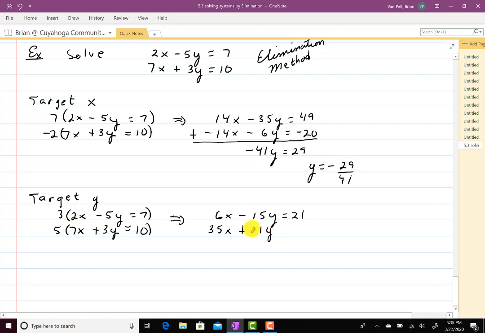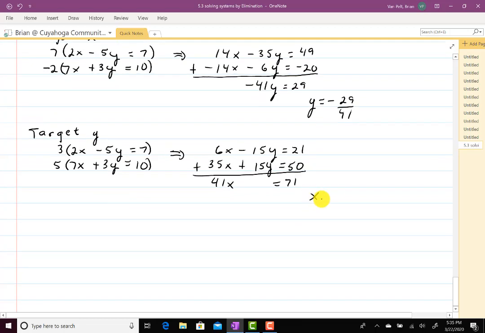Made a mistake there, didn't I? Plus 15y equals 50. Add them together and I get 41x equals 71, and so x equals 71 over 41. And you can see they both have the same denominator again. That should make you feel a little bit comforted when you get your second answer and it shares the same denominator as the first one. So my answer then is 71 over 41, comma, negative 29 over 41.